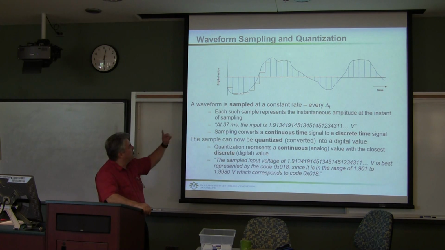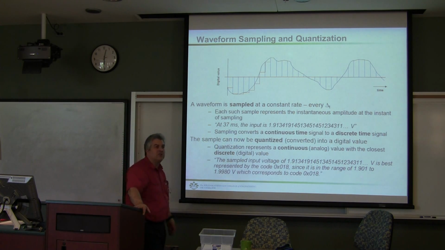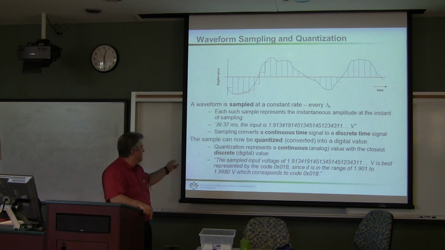So in our waveform, you're going to sample every delta t, whatever t is determined. Sometimes you don't have to sample that much, as in the example of the temperature. Sometimes you do, as in the example of an accelerometer for an airbag, to see if your car is in an accident.